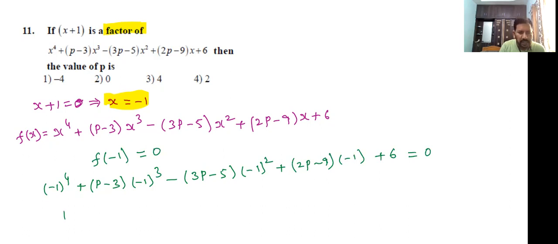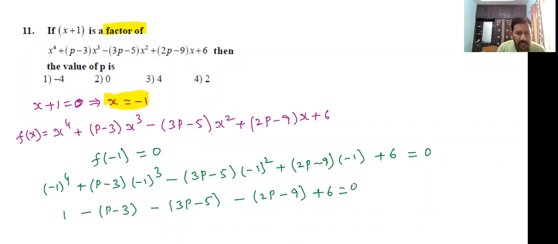Calculate this. This is 1 minus of p minus 3, minus 3p minus 5, minus 2p minus 9, plus 6 is equal to 0.